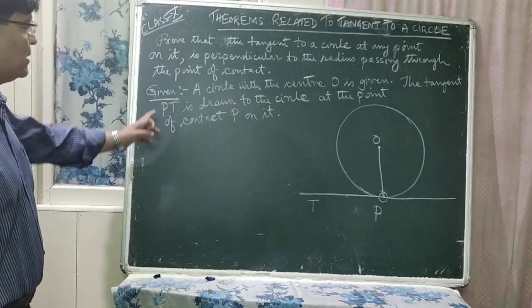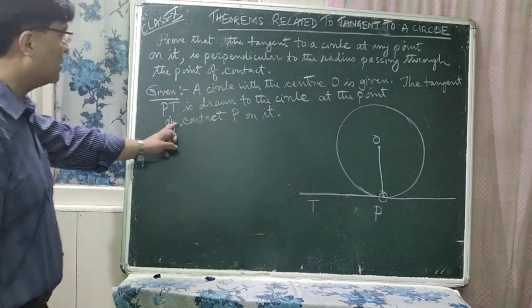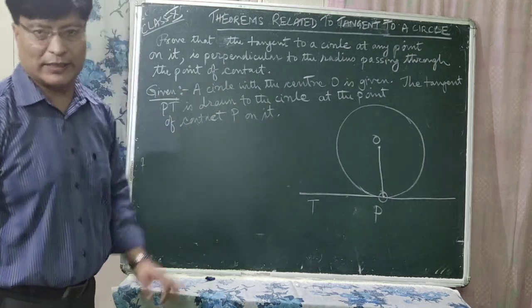The tangent PT is drawn to the circle at the point of contact P on it.